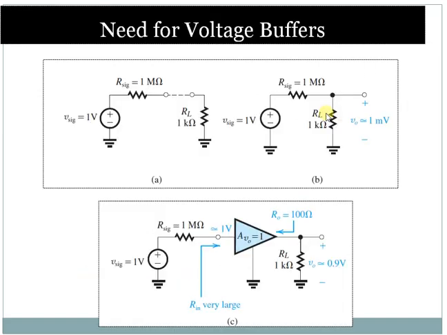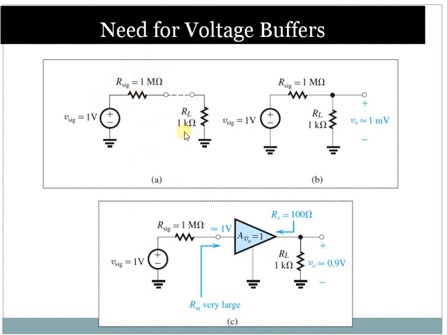Next is the need for voltage buffer. The source followers are also called the voltage buffers, and we need to understand the necessity of a voltage buffer. To understand this, let us consider figure A, which is shown here. Here the load resistance RL is directly connected to the source V signal via the resistance R signal.